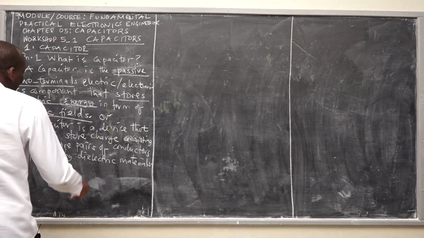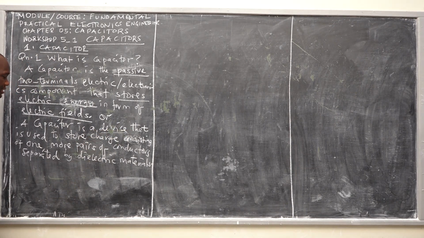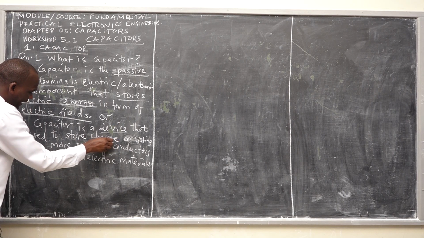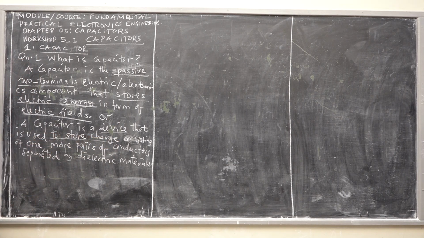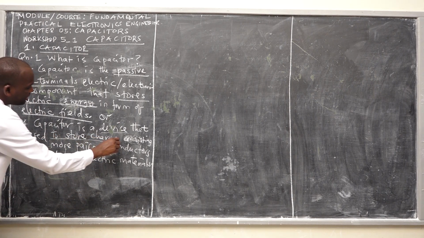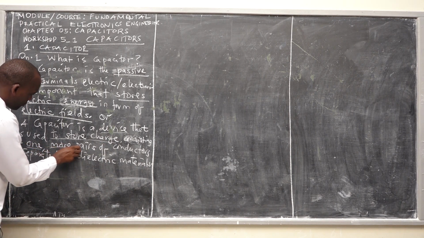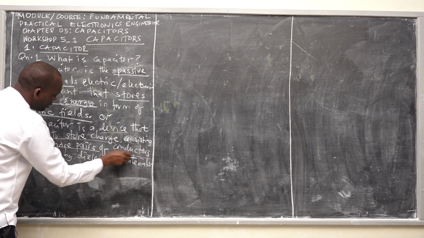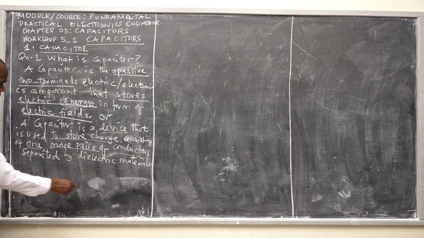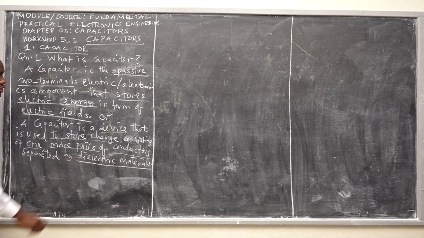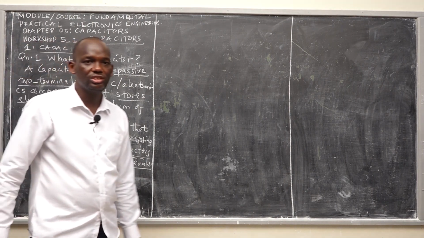So a capacitor is a device that is used to store electric charge. But also its structure: it consists of one or more pairs of conductors separated by what? The dielectric materials.